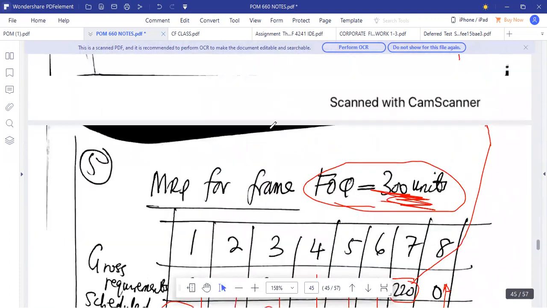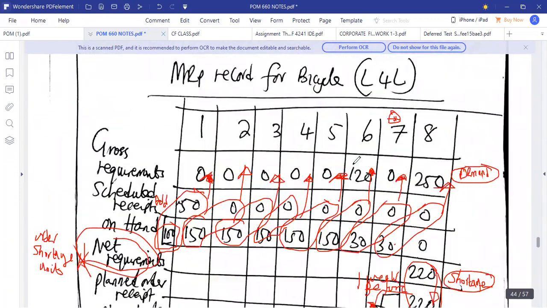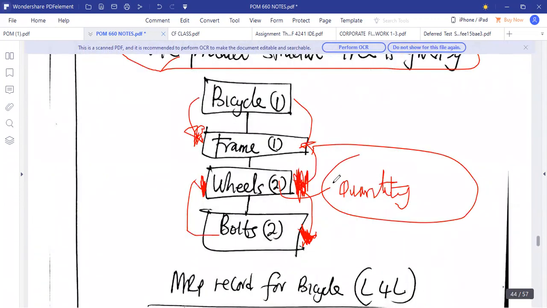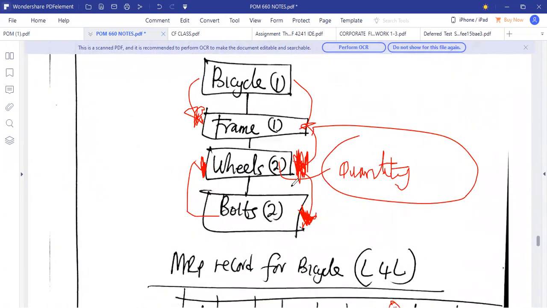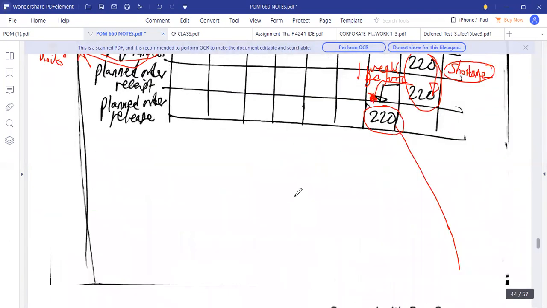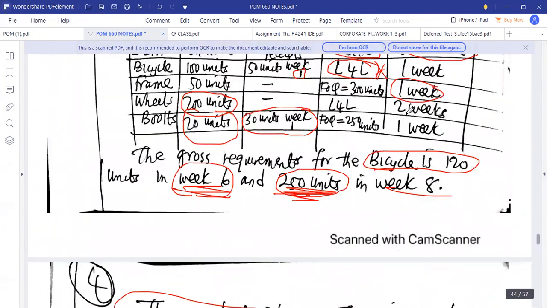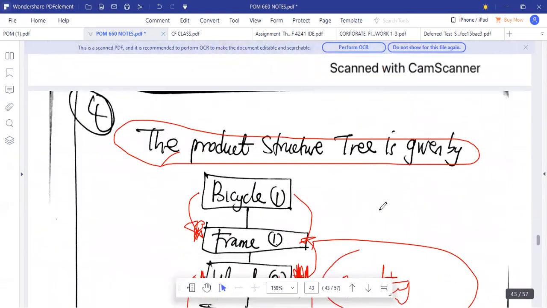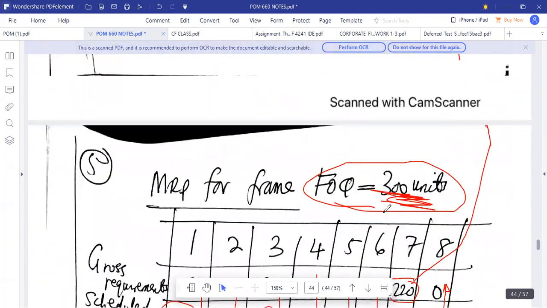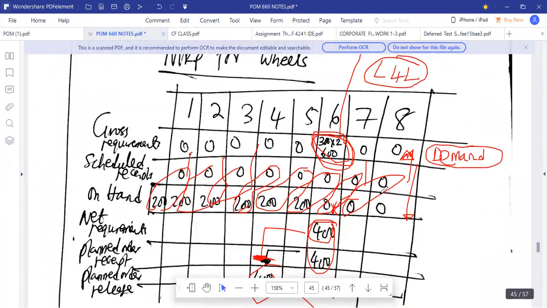Then the wheels come from the frame. And then you check what is happening for the wheels. It's lot for lot. Lot for lot means you are ordering the net requirements. So for the wheels, you just come and put them.